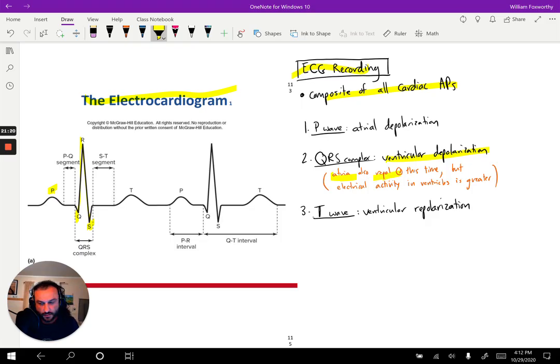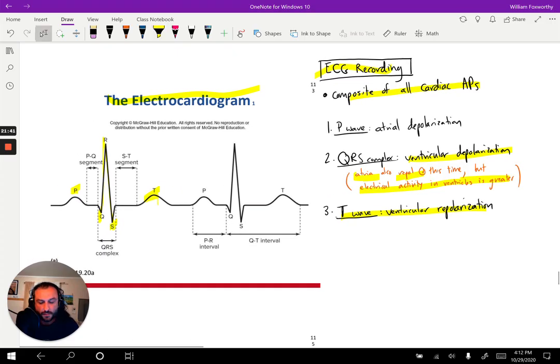They're having potassium leave from their cells. But you can't see it on this graph because the electrical activity of your ventricles is just so much greater, and that swamps out anything that's happening in the atria. And then finally, in the T wave, you have ventricular repolarization.